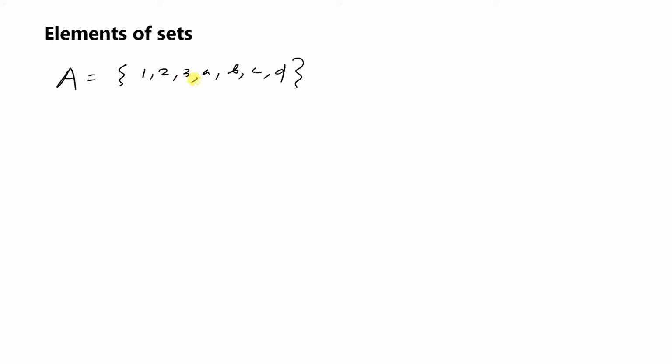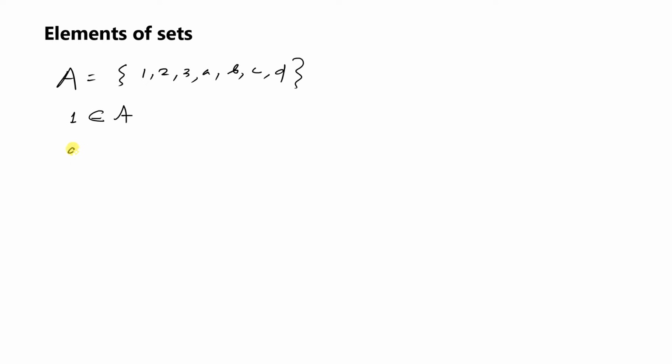So 1, 2, 3, a, b, c, d are the elements of set A, or these elements are present in set A. So I can say 1 belongs to A. You have to use this symbol. 1 belongs to A means 1 is an element of set A.